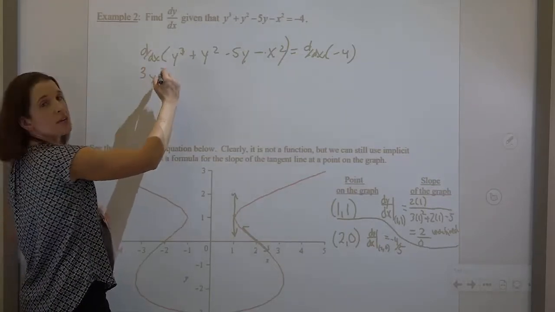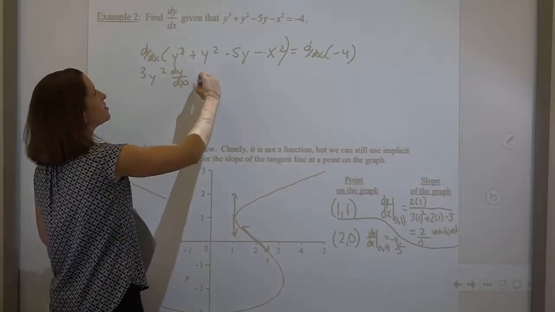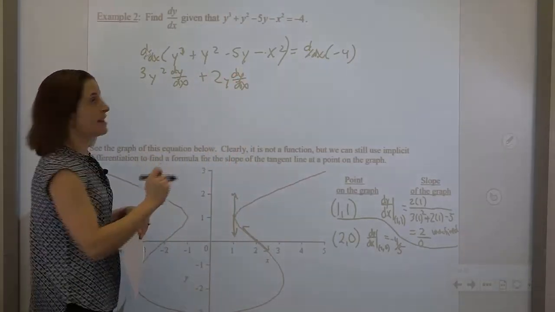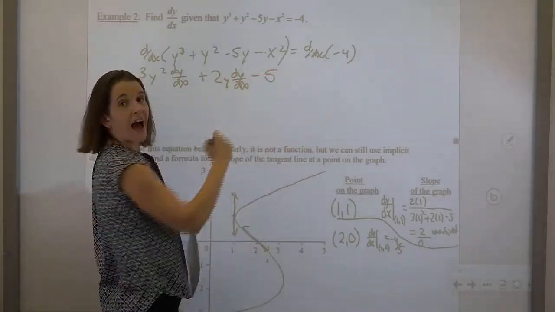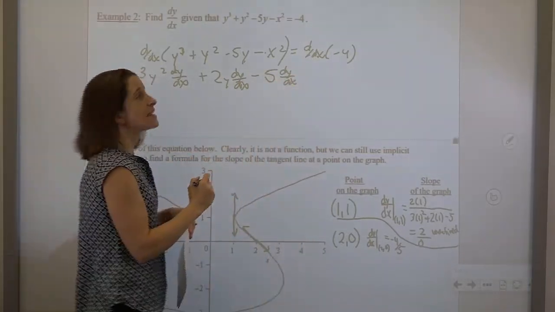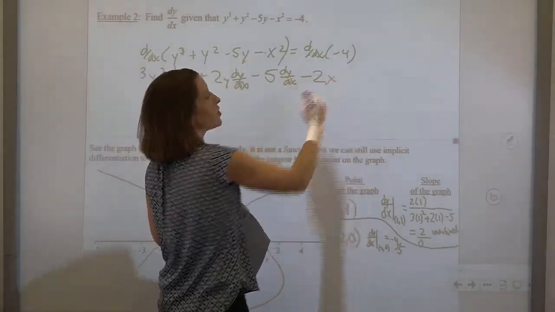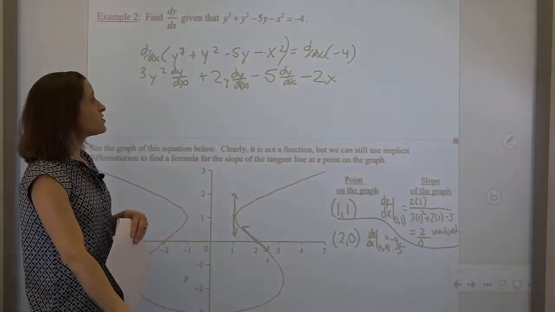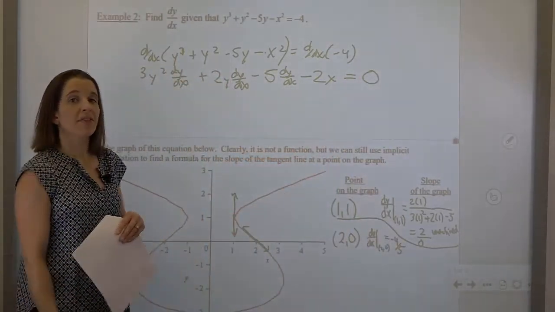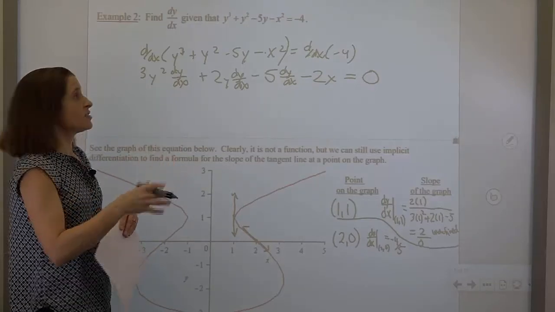So 3y squared dy dx plus 2y times dy dx minus 5 normal derivative dy dx. And then this is just an x, so just normal derivative, 2x. On the right-hand side, don't forget about that right-hand side. The derivative of a constant is 0, and that hasn't changed.